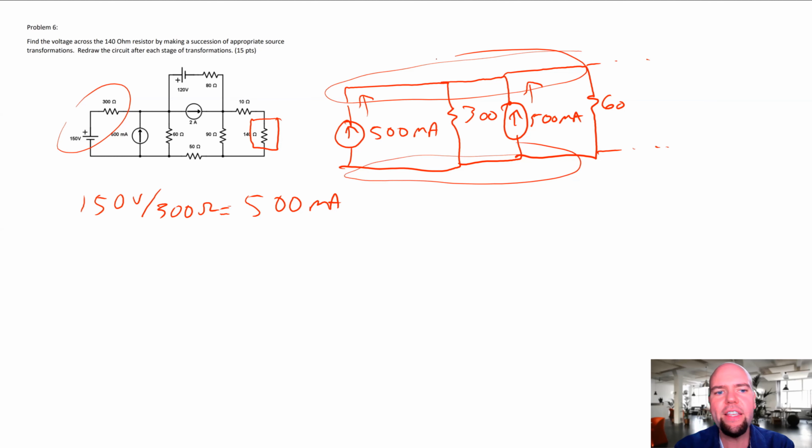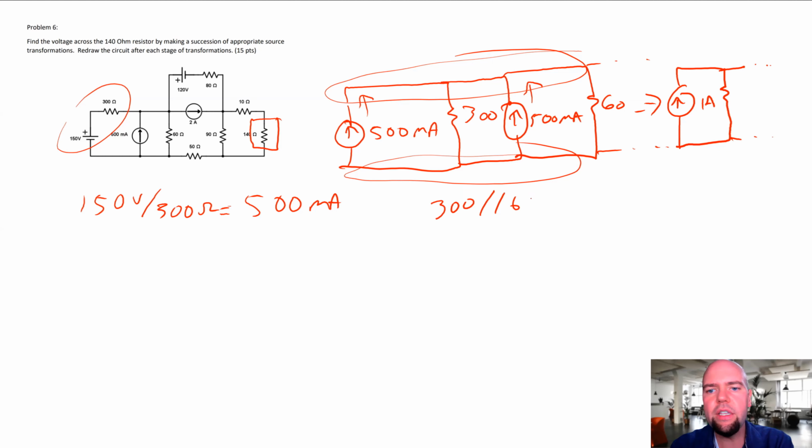So we can add these together and replace these with a 1 amp current supply. And then we can also take the 300 and the 60, and say 300 in parallel with 60 should be 50, and it is 50.